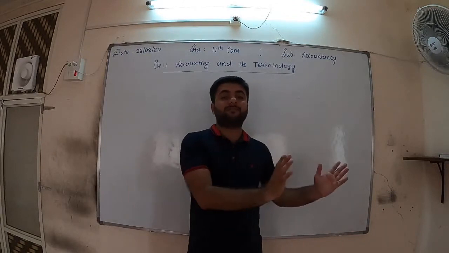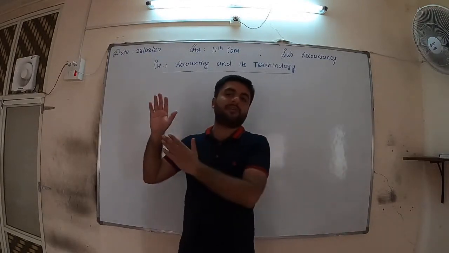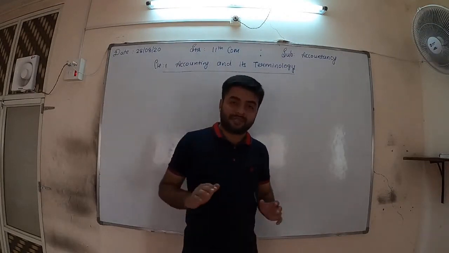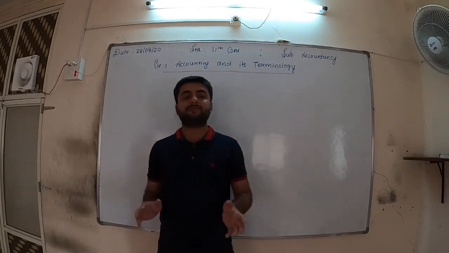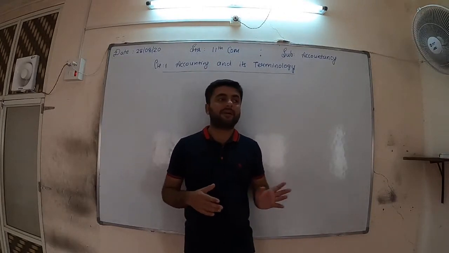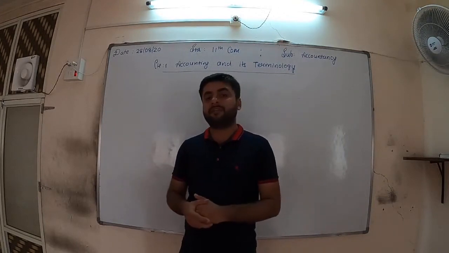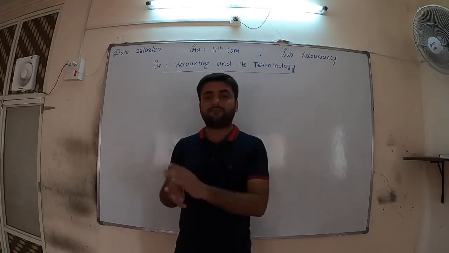We will complete one chapter in accounts, one chapter in statistics, and slowly we will increase the time of the lecture. Nowadays we are taking a maximum of 30 minutes for a lecture, because this is a theory part, and the theory part does not need 1 hour. After completing this chapter, we are going for statistics.